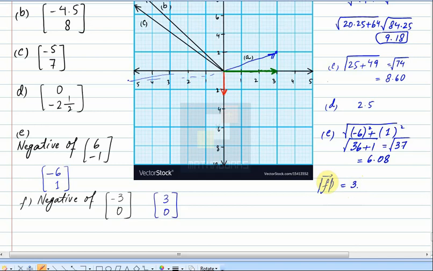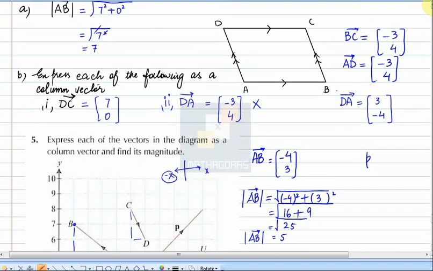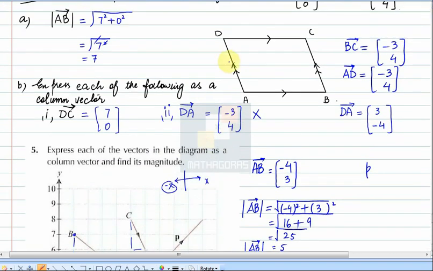So if I revise what we discussed in today's class, the first thing was the parallelogram question, right? The important thing is, let's suppose the value of BC in this question is minus 3, then the value of DA should be the negative vector. Most students make mistakes of sign in vectors, right?